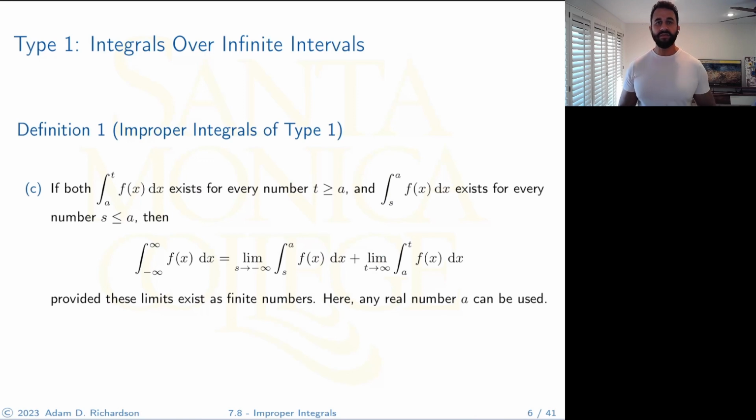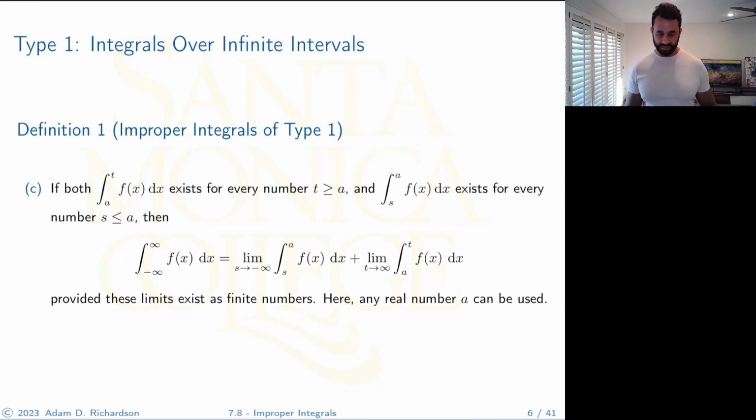All right, now you can even have both cases. So you can talk about an integral that goes from negative infinity to positive infinity. You're just going to use two separate limits, all right? But there is, again, another catch. These integrals have to exist for every number t greater than or equal to a, and this integral has to exist for every number s less than or equal to a.